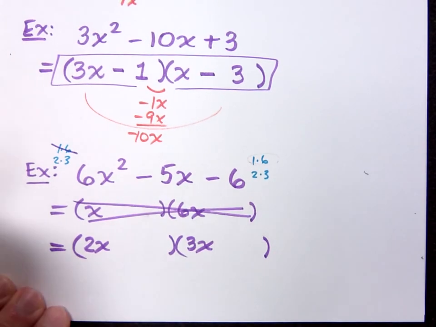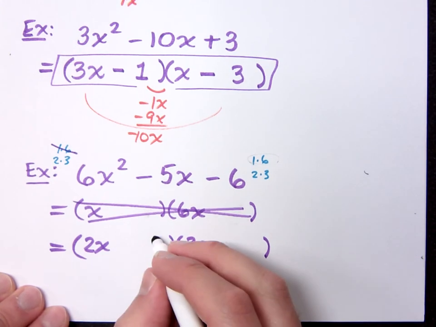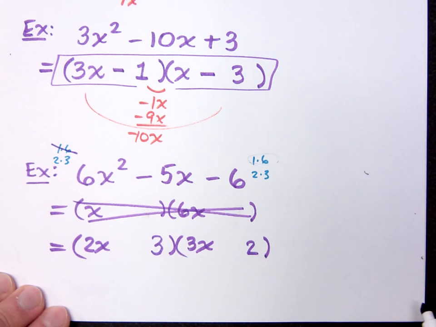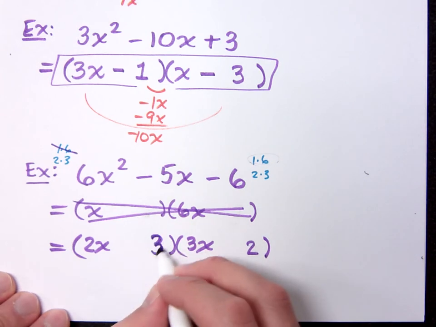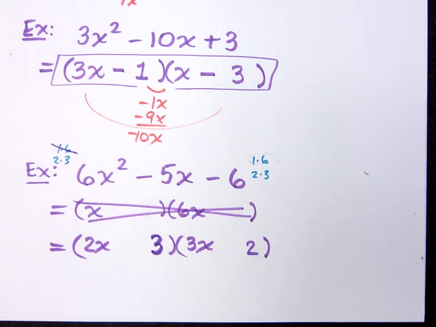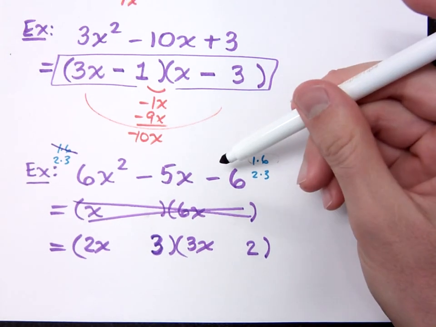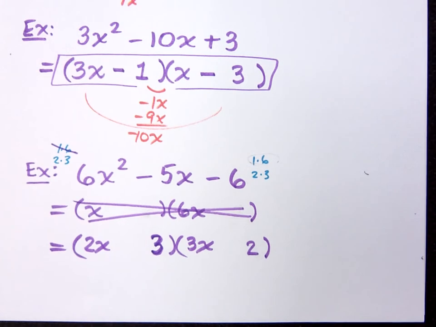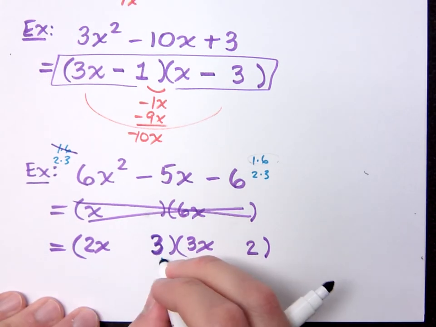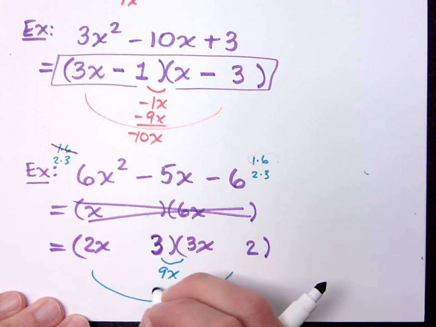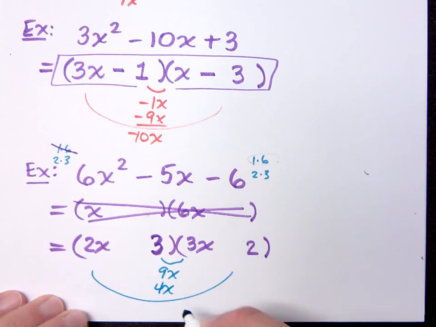So what about the 2 and the 3? 3 has to go here and the 2 has to go here. Now, I didn't put my signs here for a reason. I have to multiply to get a negative 6, so I know 1 is positive, 1 is negative. Look on the inside here. You get 9x. What's on the outside? Now, one of these guys will be positive, one will be negative.